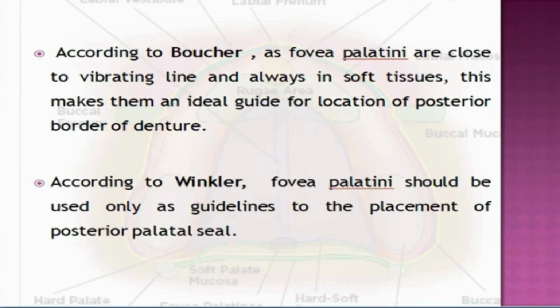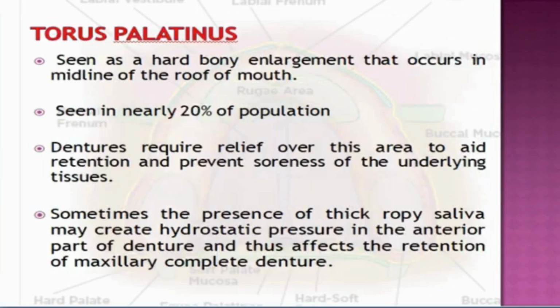The dentist who observes the fovea and utilizes these landmarks as the posterior extent of the denture base can deprive his patients of several millimeters or up to a centimeter or more of tissue coverage depending on the palatal configuration. Sometimes the presence of thick ropey saliva may create hydrostatic pressure in the anterior part of the denture and thus affect the retention of the maxillary complete denture.